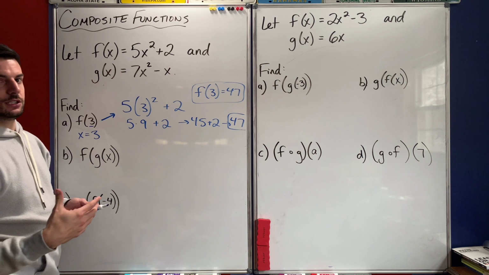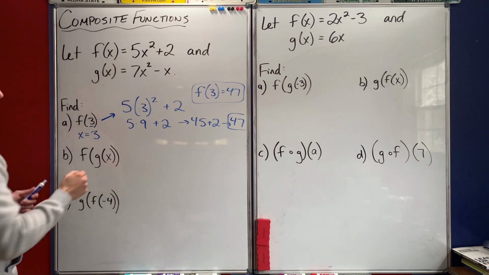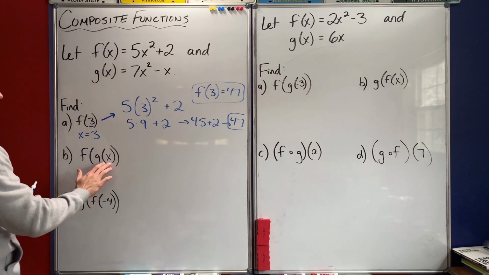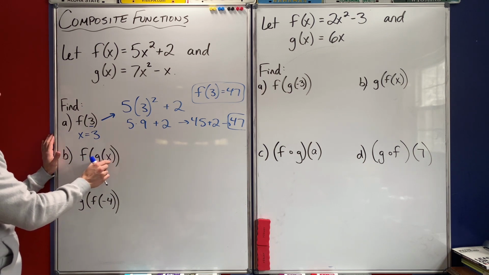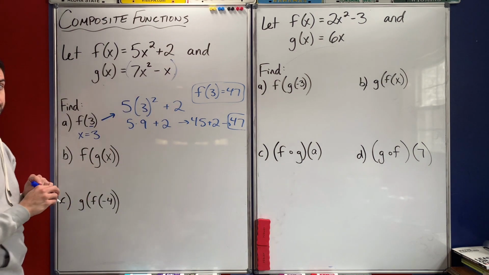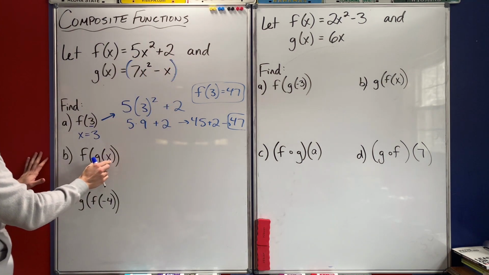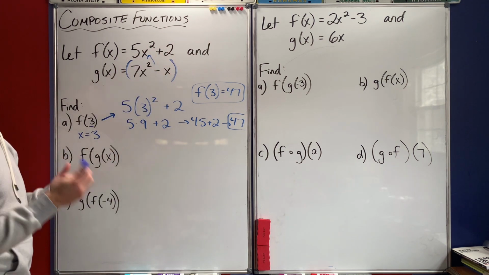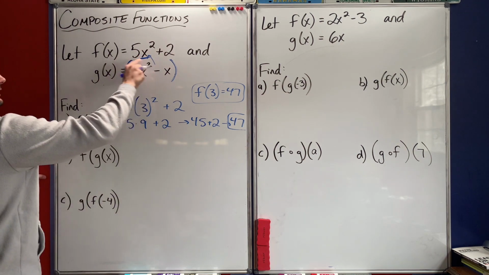What this is telling me to do, notice the x is still in the most inward parentheses. So I'm not going to be substituting in a value like I did for this one. It's saying keep it in terms of x. But what this is saying is take the g of x function, this whole group, and plug that in for every x that we see in the f equation.